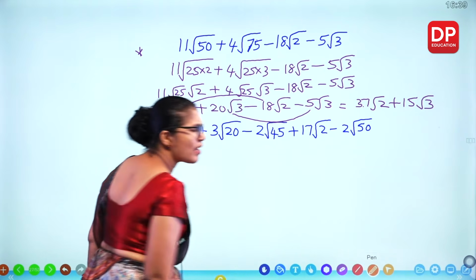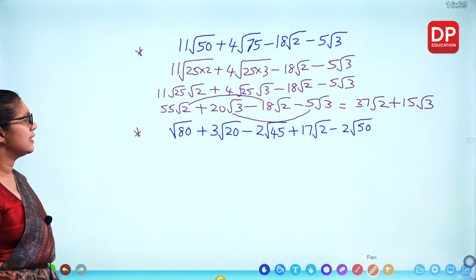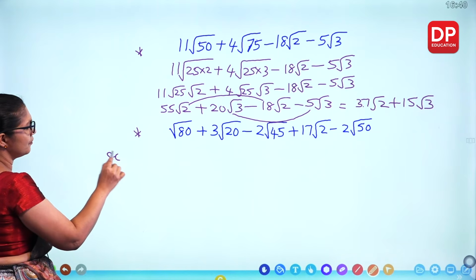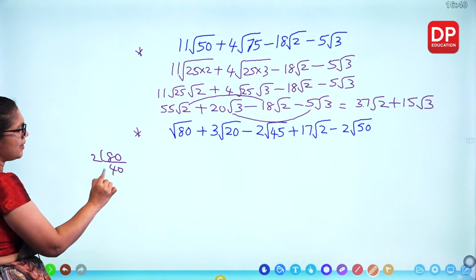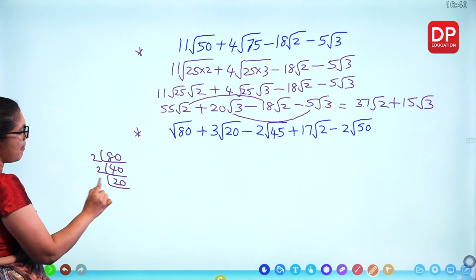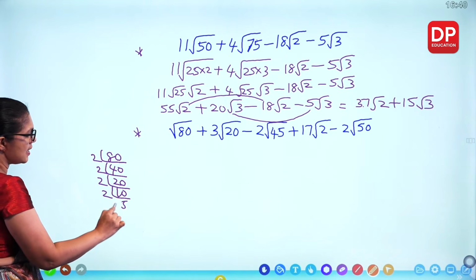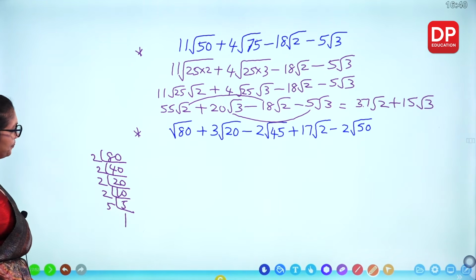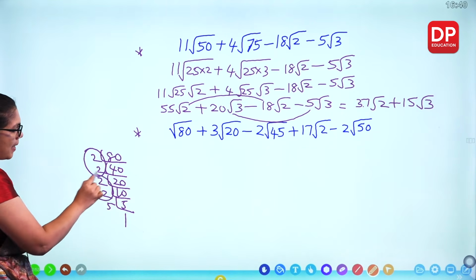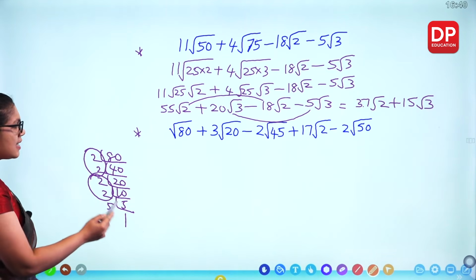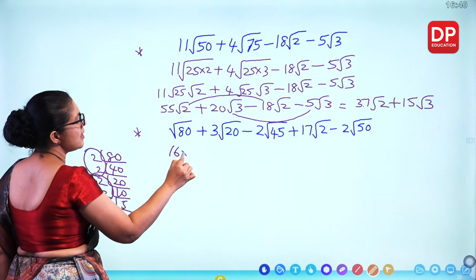Root 80. How can I write root 80? What's the square number? We'll find out what's the square number. When you divide by prime numbers, you can identify what's the square number. One pair, another pair. So 4 times 4, 16. So 16 times 5 is 80.